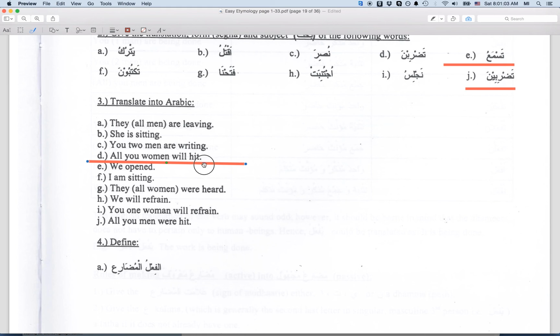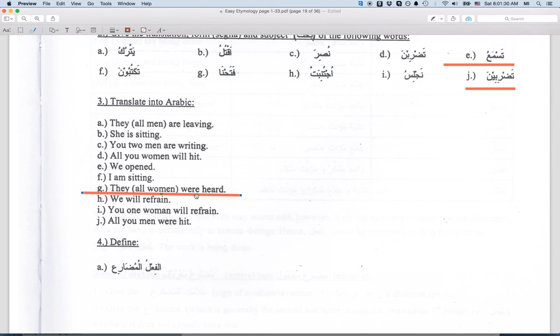تدربنا. We opened. Past tense. فتحنا. I am sitting. Either أنا جالس, or I could say أجلس. They all women were hard. Were hard. سمعنا.